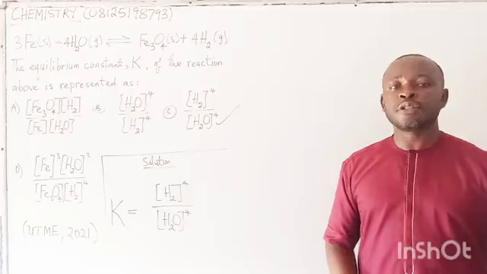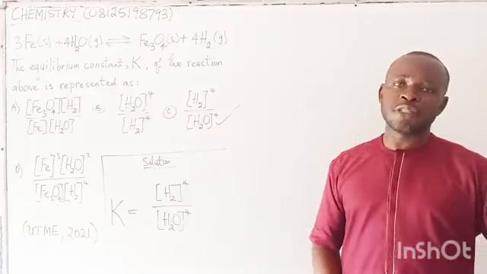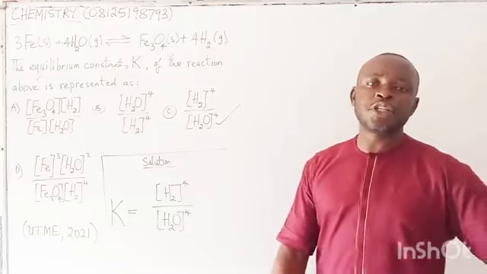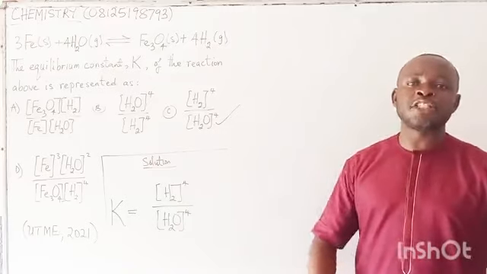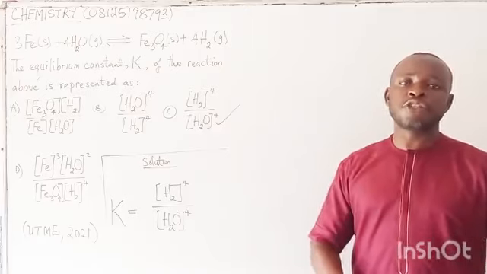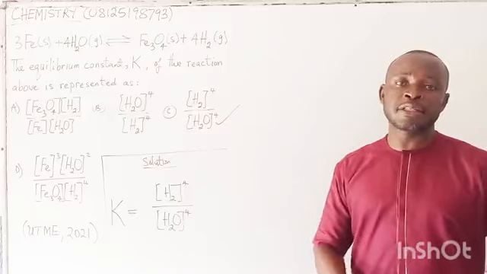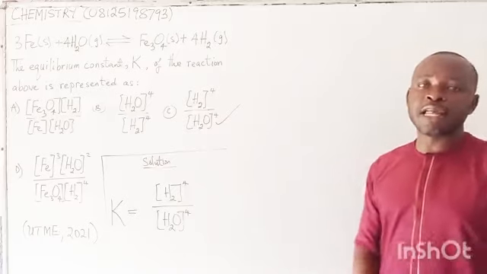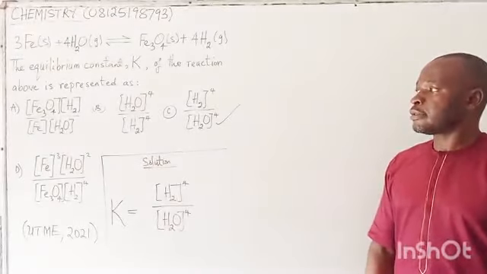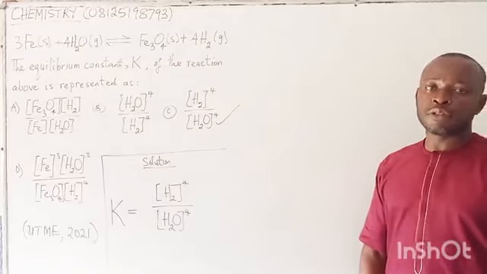The variation in the concentration of those species is negligible. You can also say that those species are present in large excess, so their concentration does not change to a noticeable extent. That is why we do not consider them when we are writing the expression of the equilibrium constant of any chemical equation given to us.